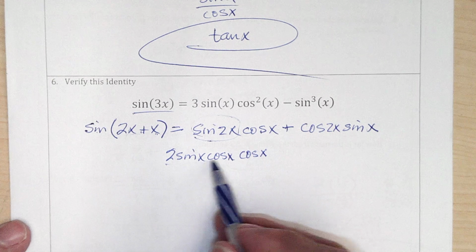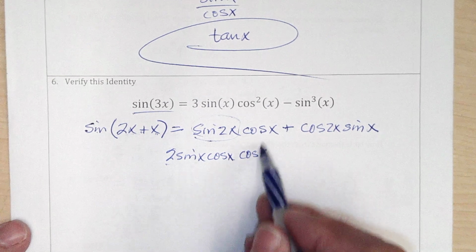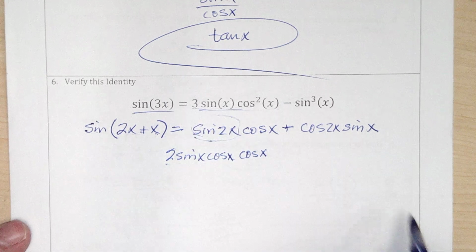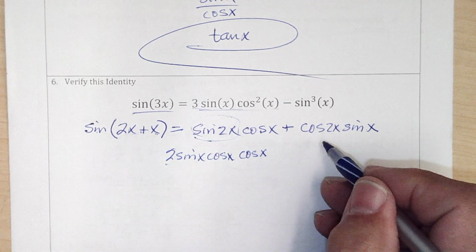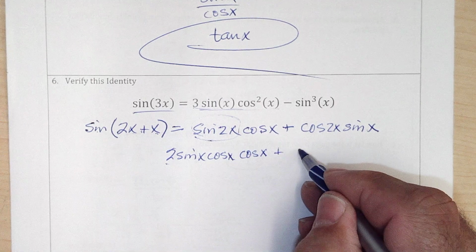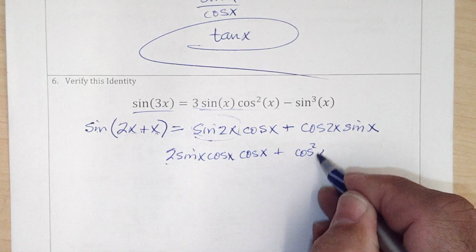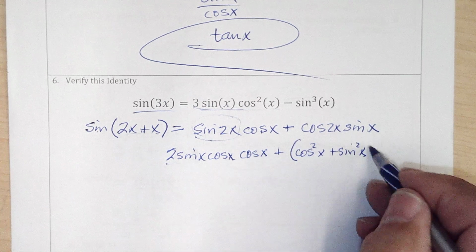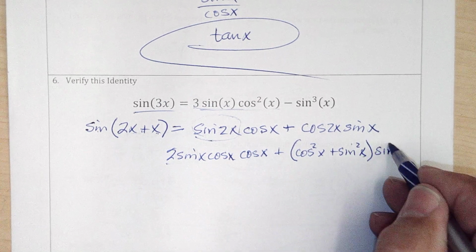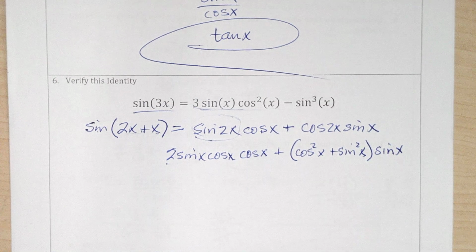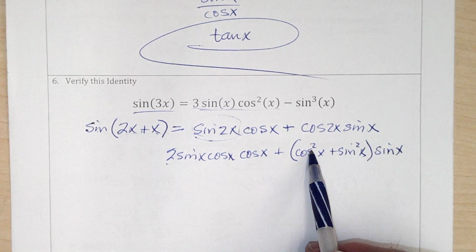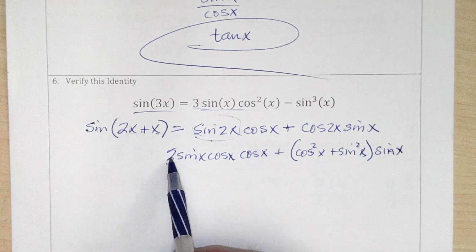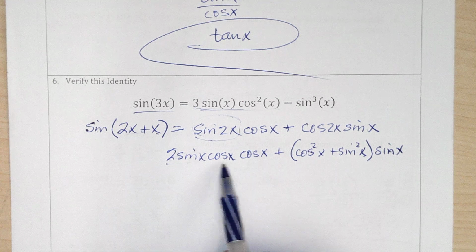Notice we got 2 sine cosine squared. That's starting to look like this. We've got 2 out of the 3 of those. And cosine of 2x is cosine squared x minus sine squared x, and that's all times sine x. So when we distribute, we get a sine x times cosine squared plus 2 sine x times cosine squared.